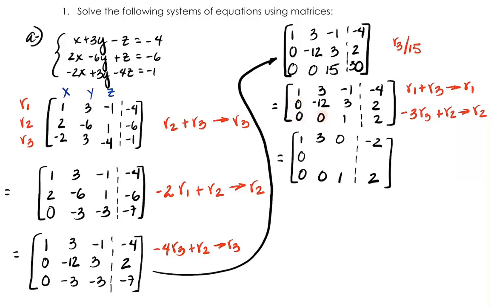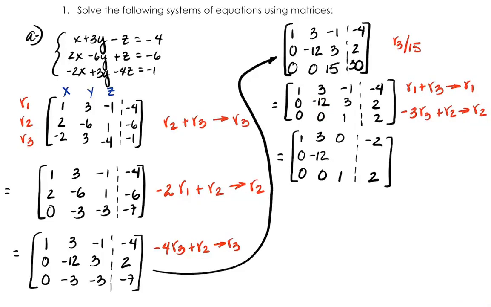Negative 3 times 0 is 0, plus negative 12 is negative 12. Negative 3 times 1 is negative 3, plus 3 is 0. And negative 3 times 2 is negative 6, plus 2 is negative 4.